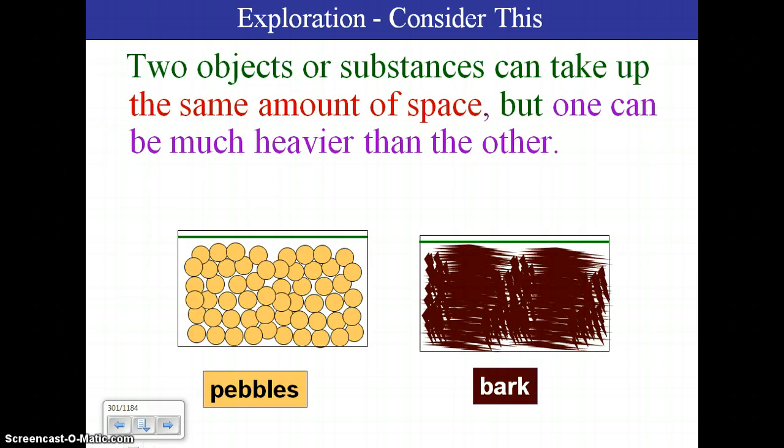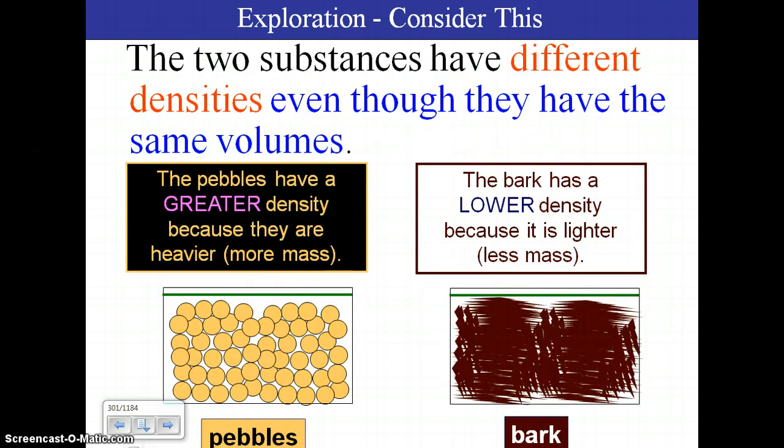If we look at our pebbles and bark, we can learn that two substances can have the exact same volume. They're both 100 milliliters, but they can have very different masses. One can have a much greater mass than the other. So what does this have to do with density? The density of the pebbles is greater because the pebbles have a lot greater mass for their size.